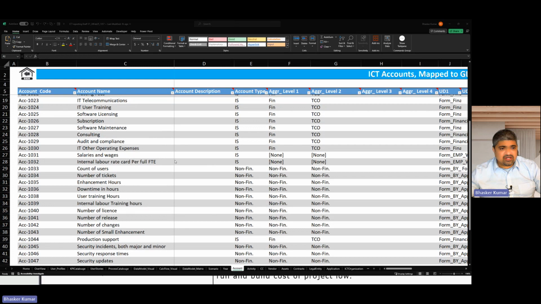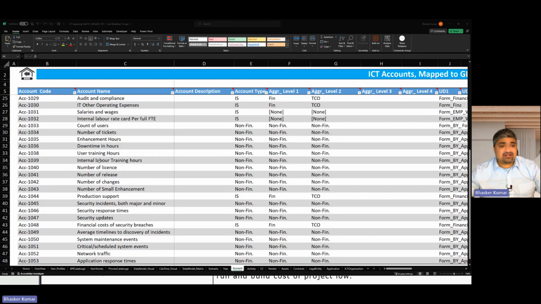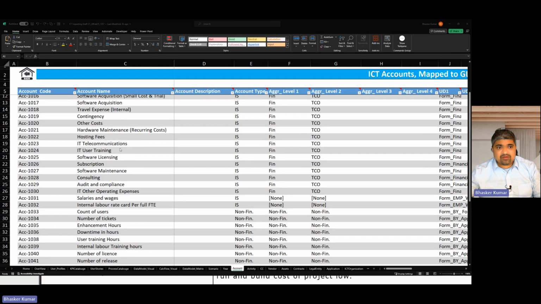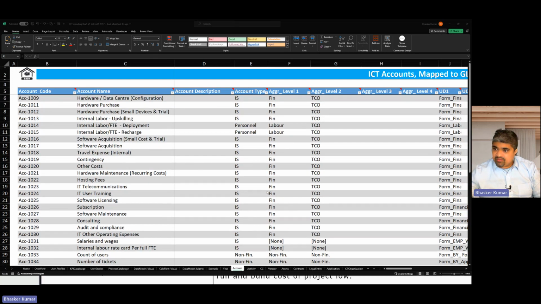Then you have certain ones related to personnel, like salaries and wages, internal labor rate card. Then you have many statistical ones, like number of tickets, system maintenance events, network traffic. The buckets that are being collected as accounts are very much related to what kind of KPI you want to report into. There are many accounts which originate from financial systems, but these are for sure needed for your TCO calculation, depending on your TCO calculation definition.